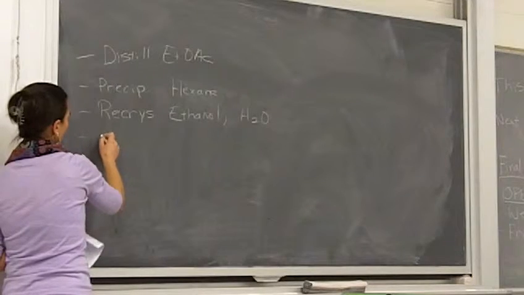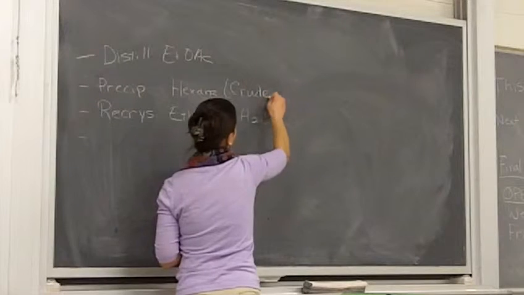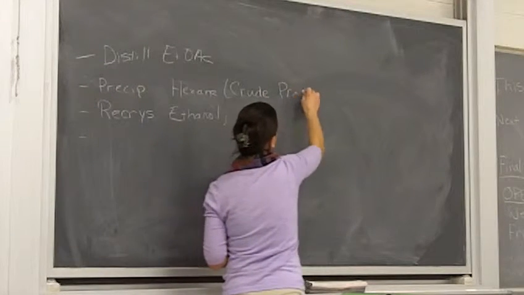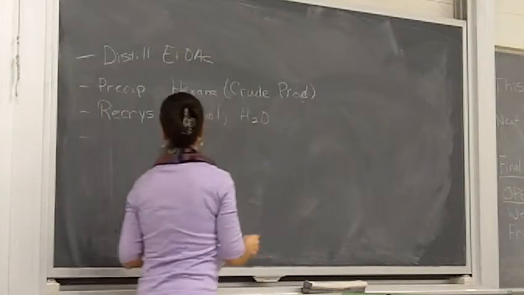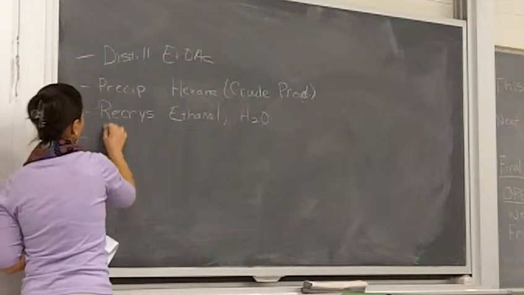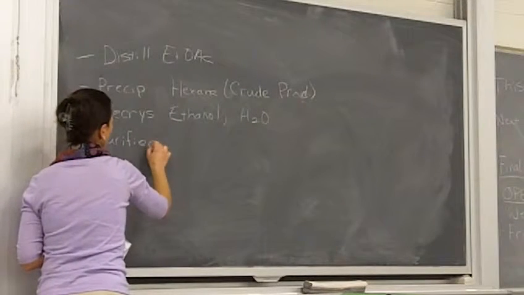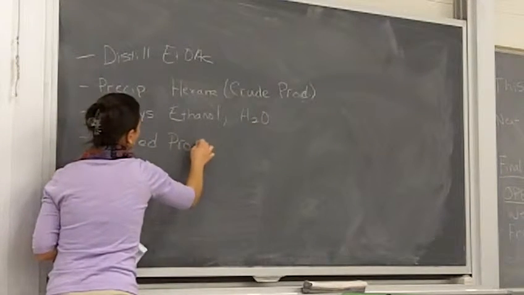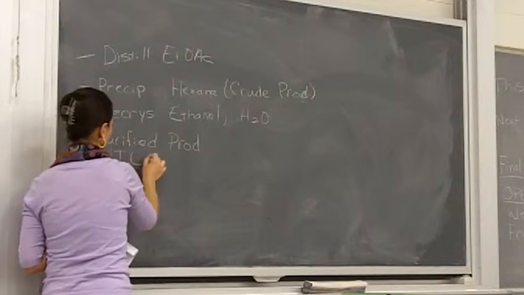And then you'll get, so here you're going to have your crude product. So if anyone in TLC talks about needing to do something with your crude product, there it is. Now you're going to have your purified product. And you may be TLCing here, you definitely will be TLCing here.